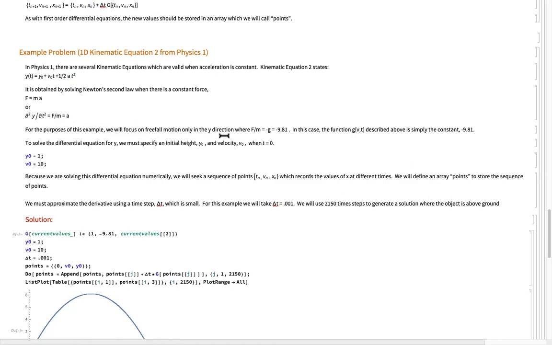So there I am. F over m, the acceleration, there's my 9.8 number that I used before, and I'm going to specify an initial height and an initial velocity. So I'm imagining I'm throwing an object straight up in the air. I just chose an initial height of 1 meter, initial velocity of 10 meters per second. You can choose whatever you want.